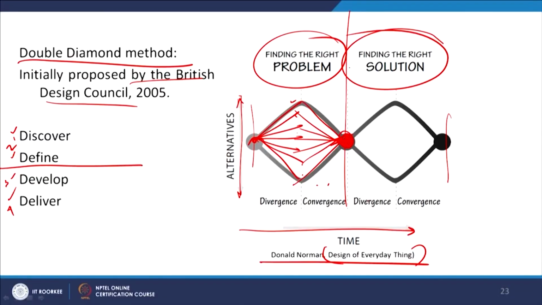So here designers will be fixed on the user's need: what exactly they require, what they want, and how they want it. Then the solution is how that requirement can be achieved.